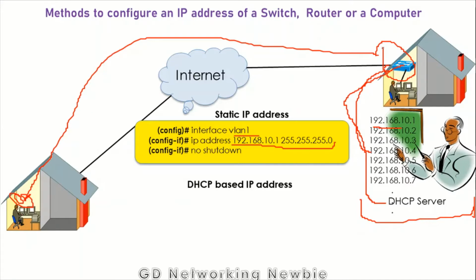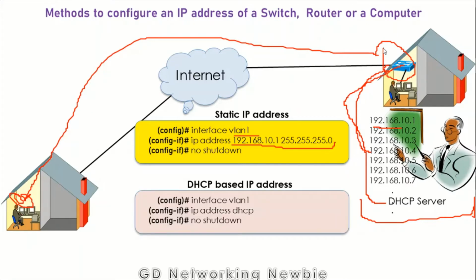So we will go to the switch and configure it to get an IP address from the DHCP server. For that, we use the same command. The first command you can see is the same. We go to the virtual LAN interface of the switch, and then in the static IP address case, we just used the IP address command and assigned an IP address by ourselves.